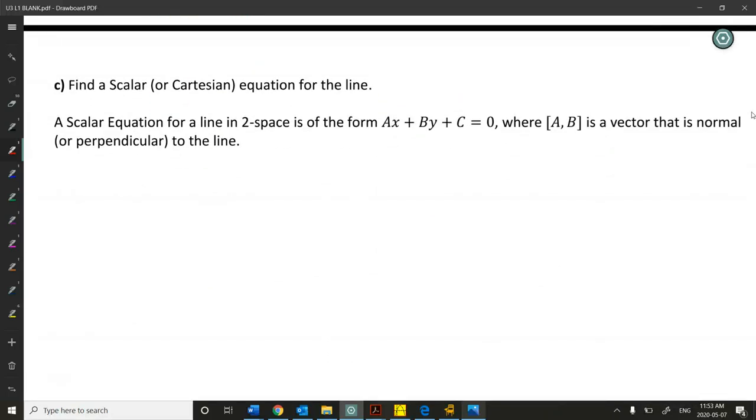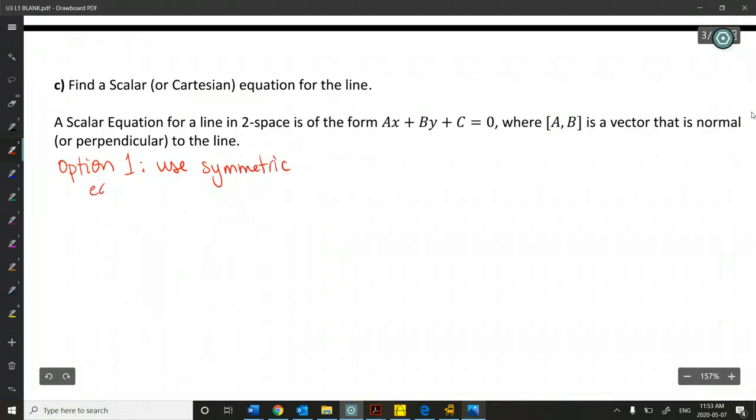So our first option is if we have the symmetric equation, we can use that. And right now our symmetric equation is x over 2 equals 3 minus y. So the goal is we need it in this format here. So we're going to move everything over to one side.